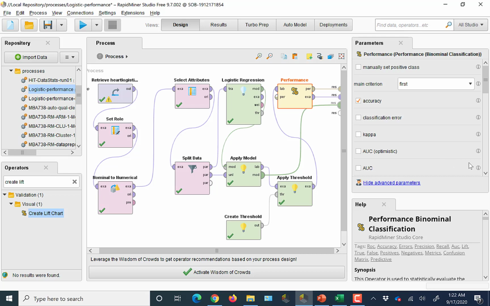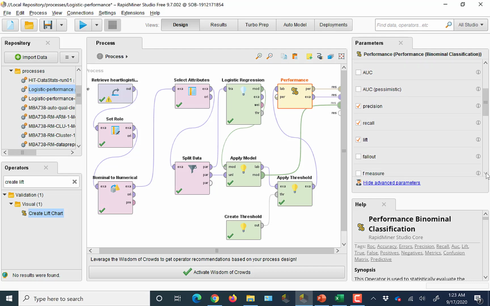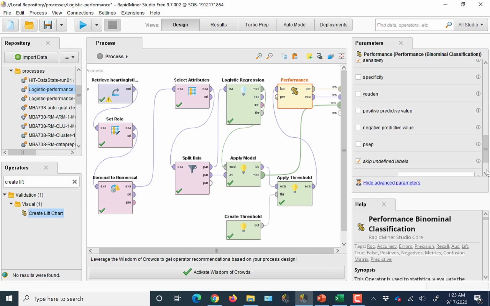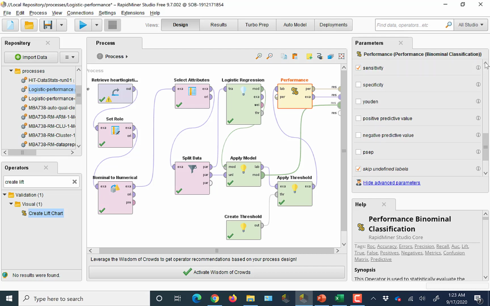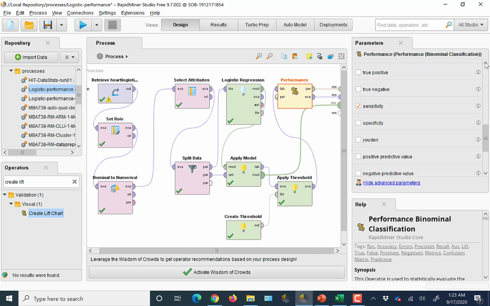One is accuracy. The next ones are precision, recall, lift, and also sensitivity. Let me see where it is, somewhere down here. Yeah, there's sensitivity, and the reason I wanted to show you that is that sensitivity and recall will yield the same result. So those are the performance metrics that I have identified.